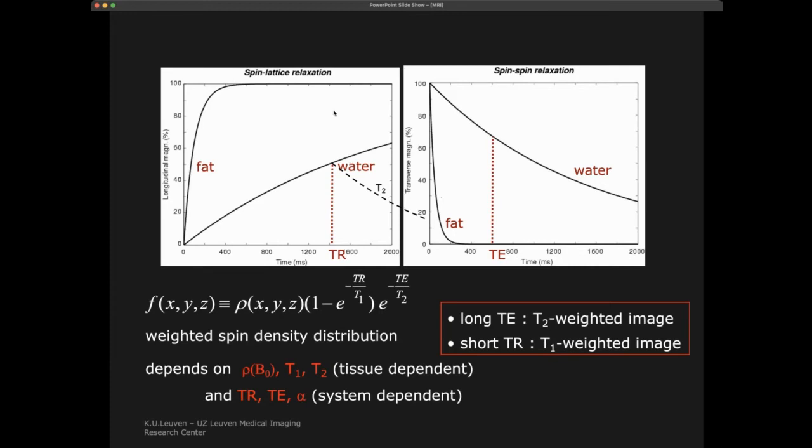So if I flip at the moment that the fat has become fully recovered, but the water is only partially recovered, then my fat vector will be 100%, but my water vector will only be 50%. If I then immediately after this second flipping measure very, very fast, I measure the fat and I have less signal of water.